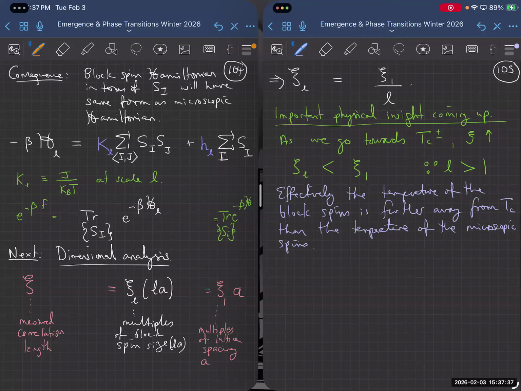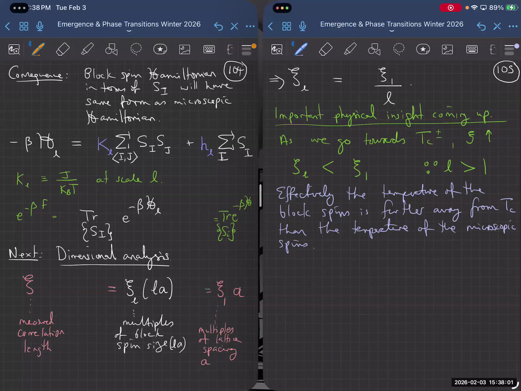And so what that means is that when we are coarse graining a system and replacing it by block spin variables rather than microscopic variables, what we've actually done by doing this transformation of the variables is we've actually moved to a different statistical mechanical system with a different temperature. So the temperature has been changed by this coarse graining.